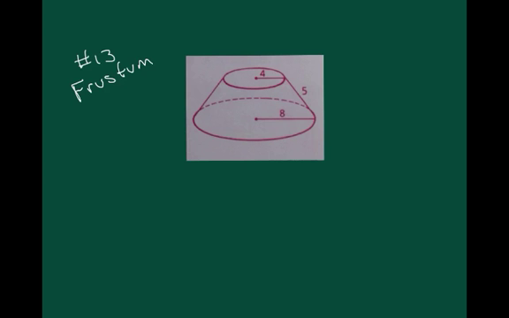Well, the secret to figuring out the total area of a frustum is to bring back that cone that was chopped off, because figuring out this lateral area is very difficult. So we have to do it by taking the lateral area of the whole cone, or what I'll call the big cone, and subtracting the lateral area of the top cone, because we have formulas for areas of cones.